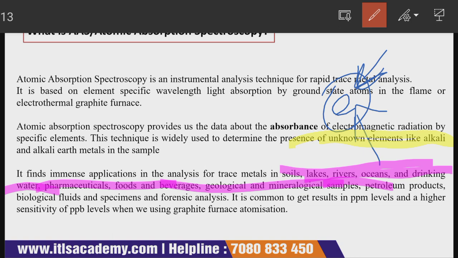Even in geological study, this technique is very important whenever you want to analyze the minerals present in the sample. It is used in petroleum products. So it has a very vast application in different industries. Even in forensic analysis, this technique is very important.